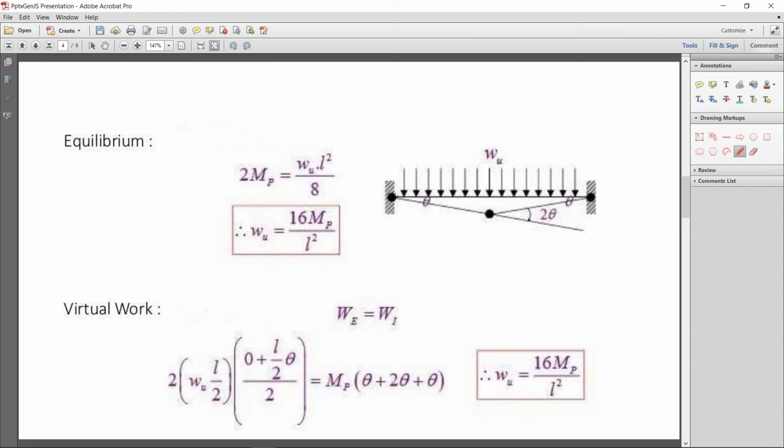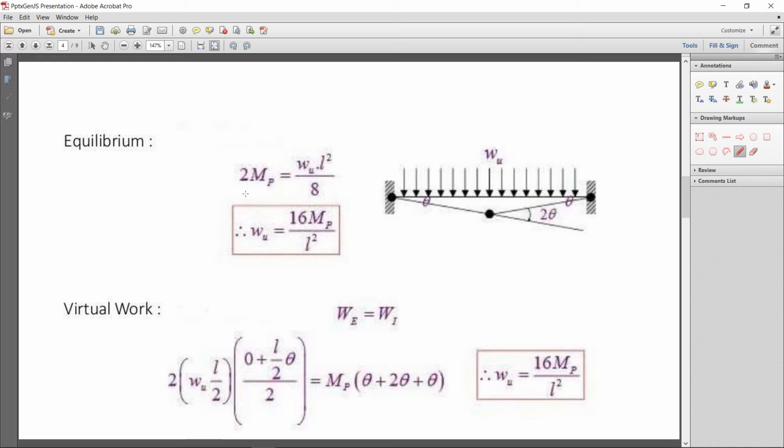after the formation of plastic hinges at the supports, this will act as a hinge, this will act as a hinge, then the moment will transfer to the center, and the maximum bending moment will get omega L square by 8 equal to 2 Mp, because that is after the formation of plastic hinges at these locations, and at this location after formation of hinges two times, first at the supports and second at the center.